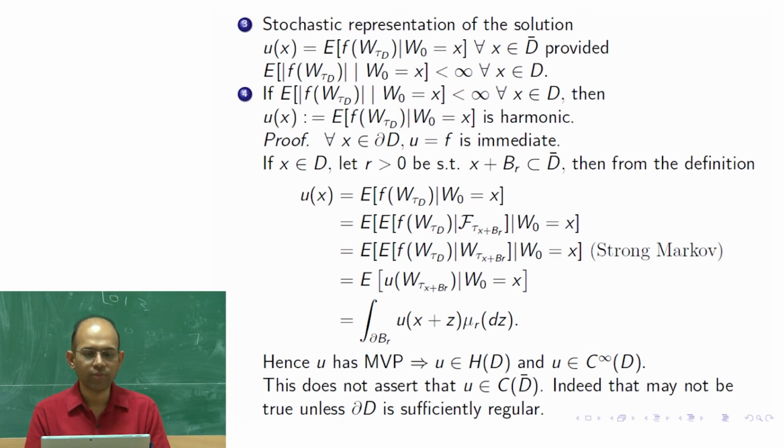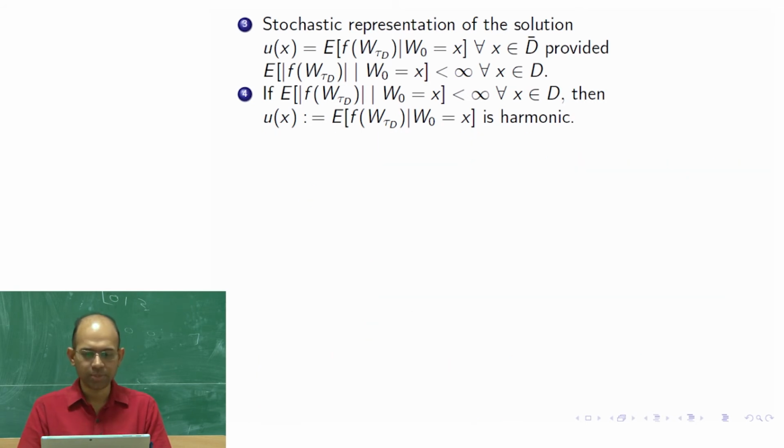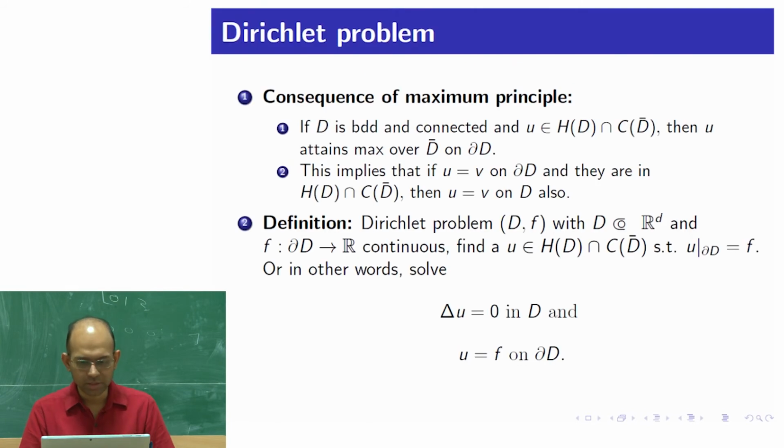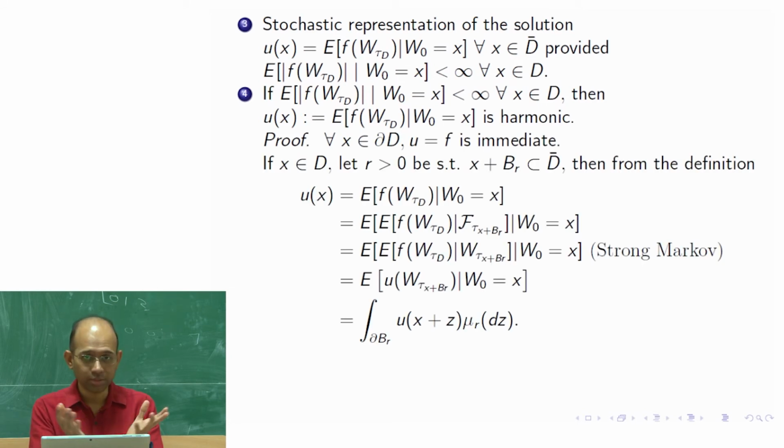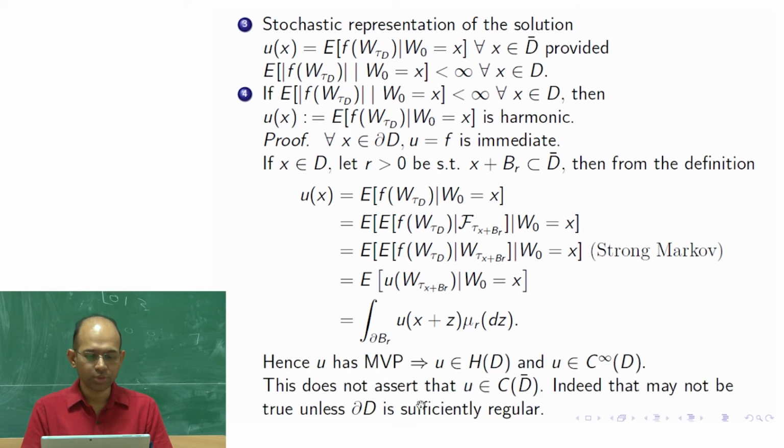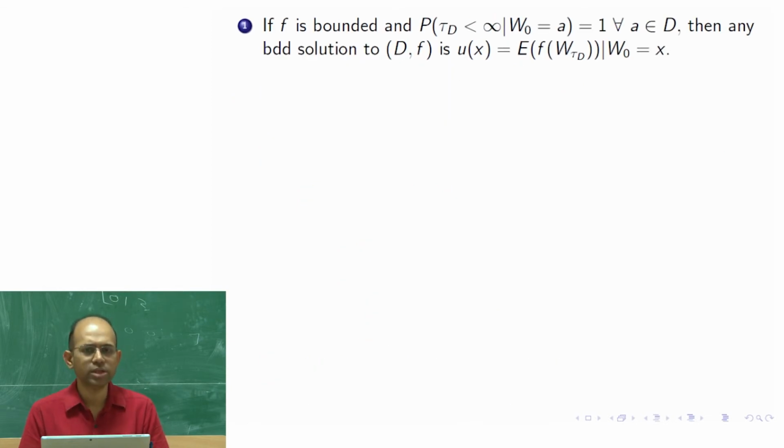So we have not proved that u actually solves this Dirichlet problem. We have shown these two things separately. This line we have proved, this fact we have proved, but this is not done. This needs an additional condition on the geometry of the boundary, that it is sufficiently regular. We are going to see more detail; it would take some time to go into a deeper discussion about that.